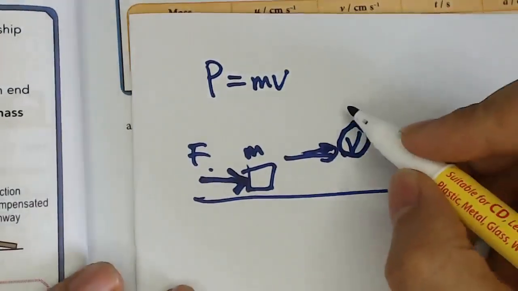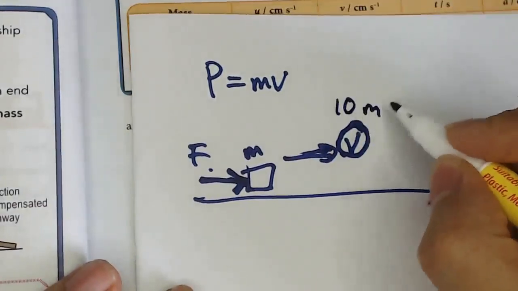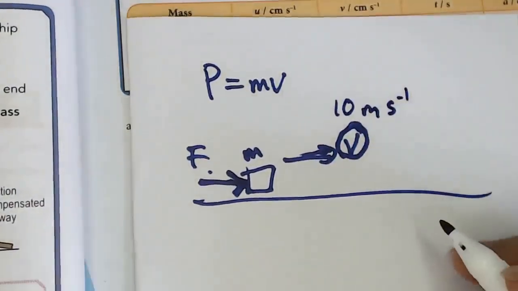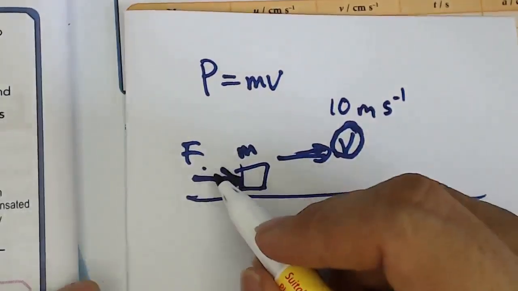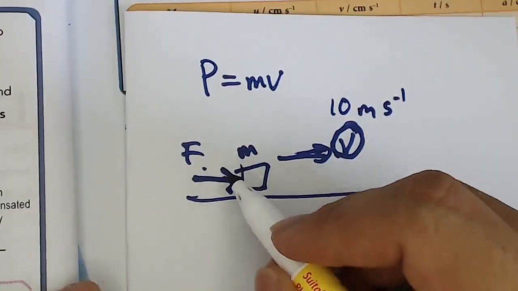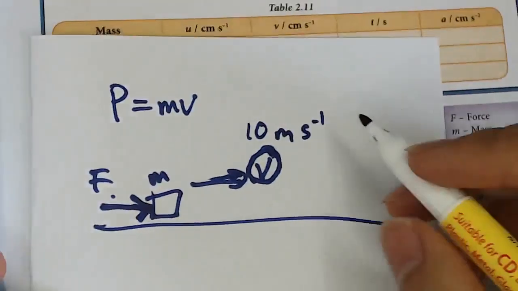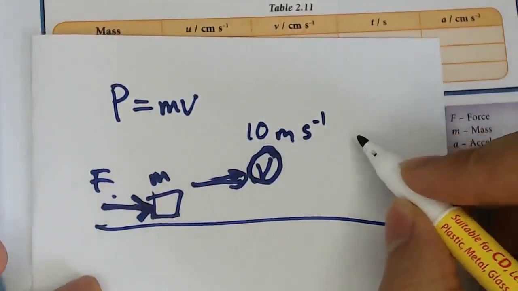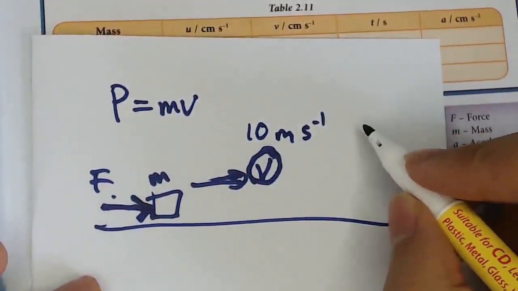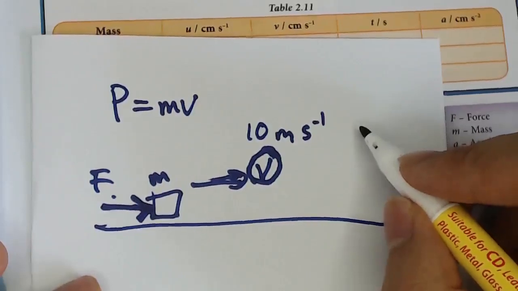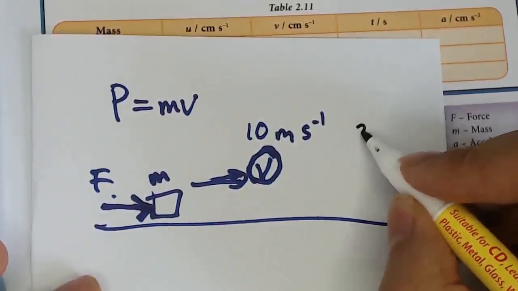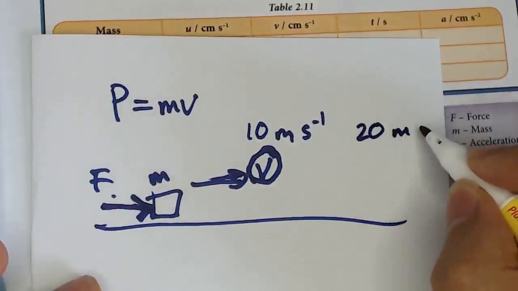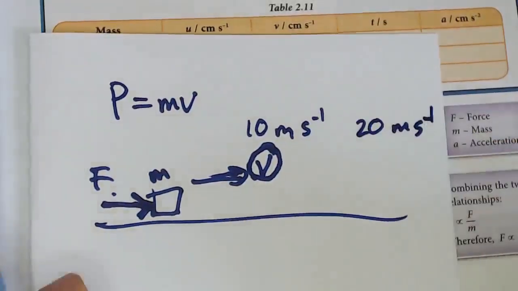Let's say before, the velocity is 10 meters per second. But this time after some force is exerted on it, the velocity becomes increased, and it rises up to, let's say, 20 meters per second.